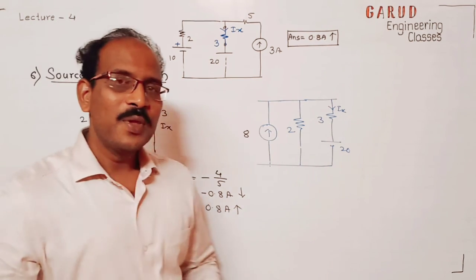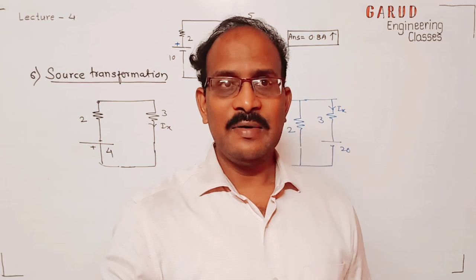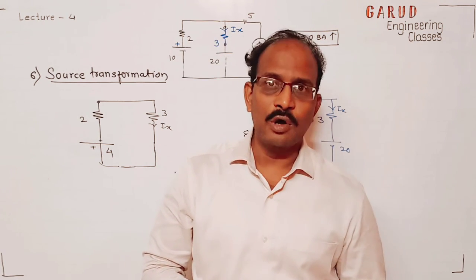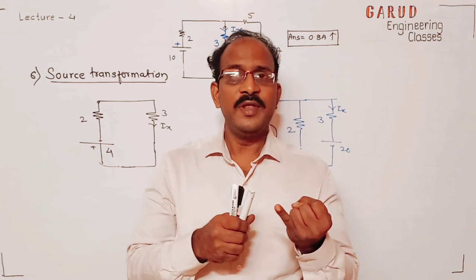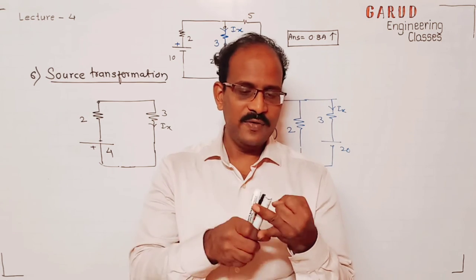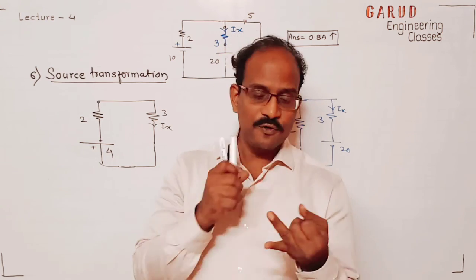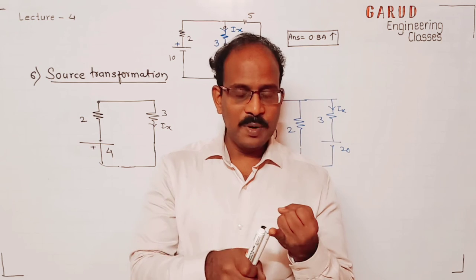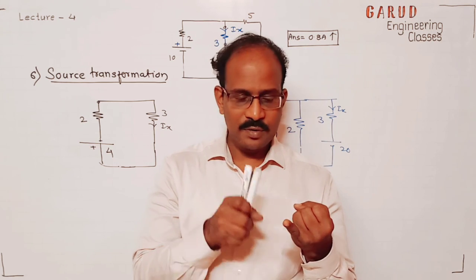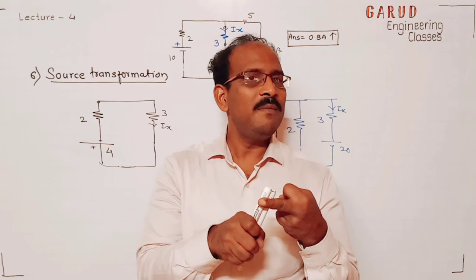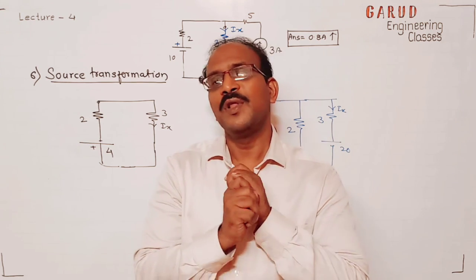You got this? So today I have revised everything about theorems and laws. We saw 3 laws: KVL, KCL, and source transformation. And 4 theorems: superposition, Thevenin's theorem, Norton's theorem, and maximum power theorem.